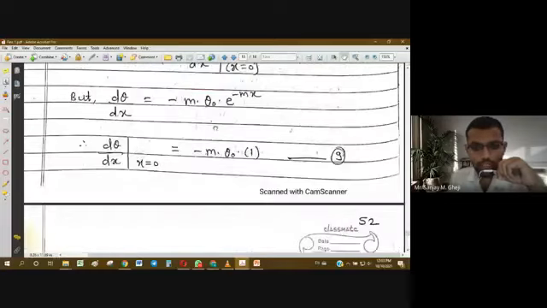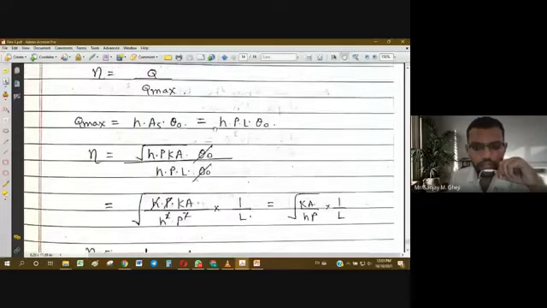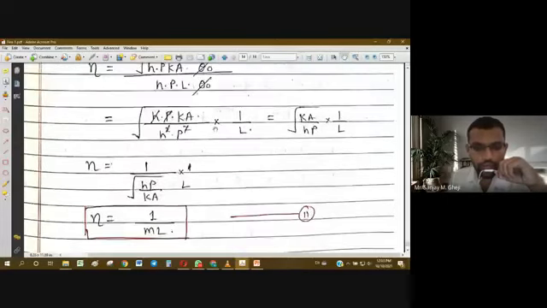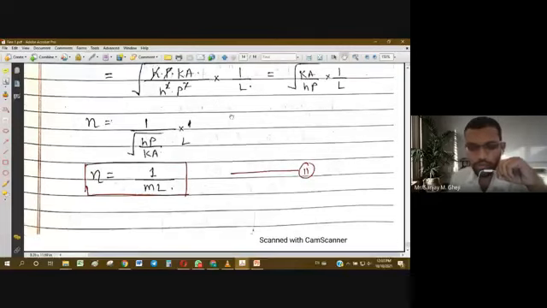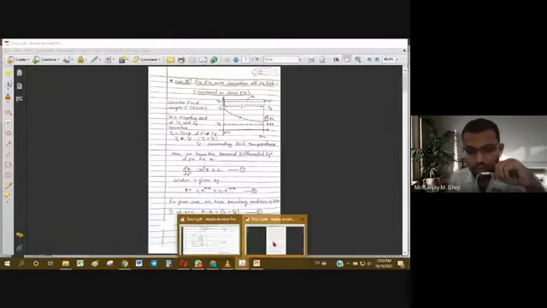So these three formulae are going to be valid for the infinitely long fin case, and whenever there is a problem regarding this, we have to use these three formulae. So there are three formulae for the first case, that is fin with insulated tip, then three formulae for fin of infinite length. So two cases we have seen so far.